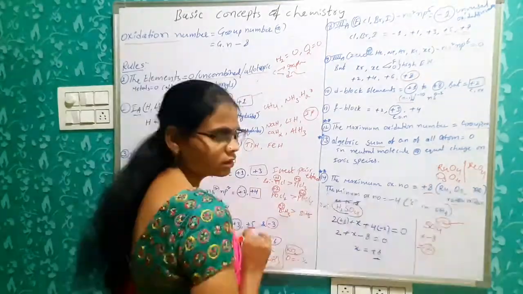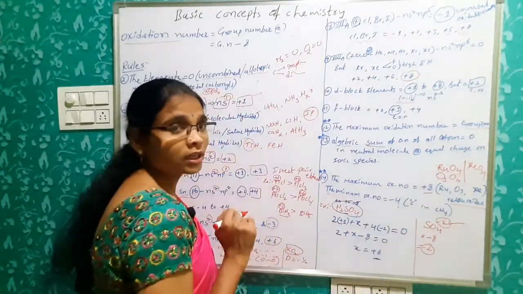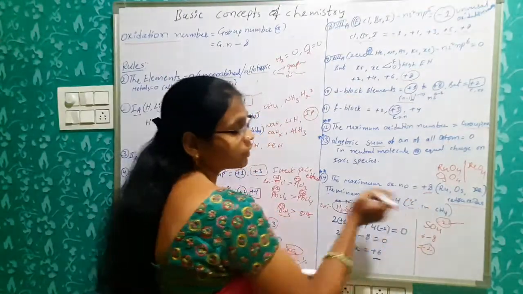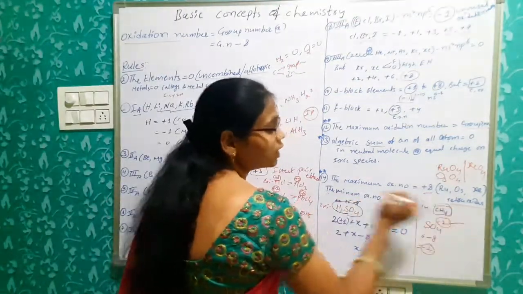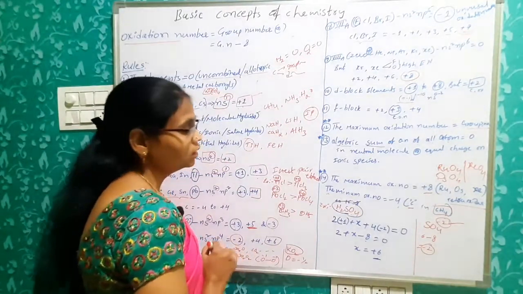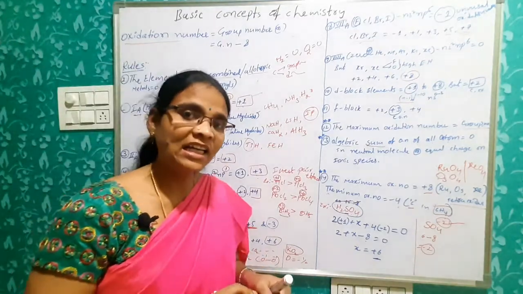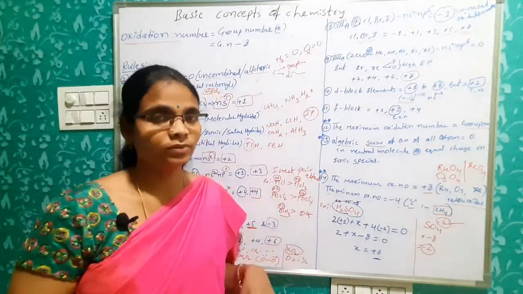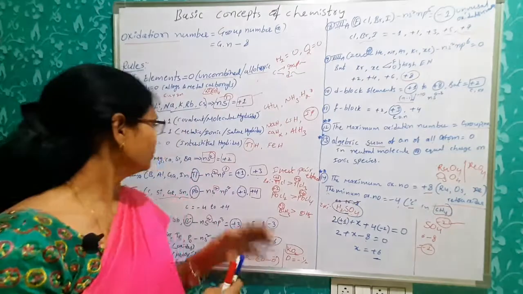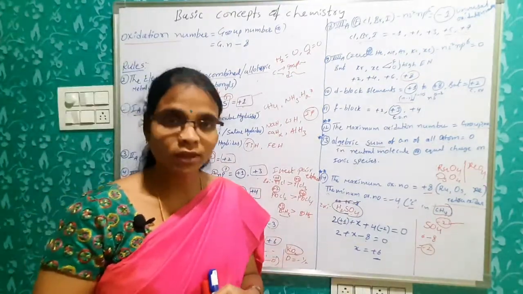But the minimum oxidation number, -4, in the whole periodic table is shown by the carbon atom in methane. Clear? So these are the rules to be followed while calculating oxidation numbers. You have to remember all these rules.